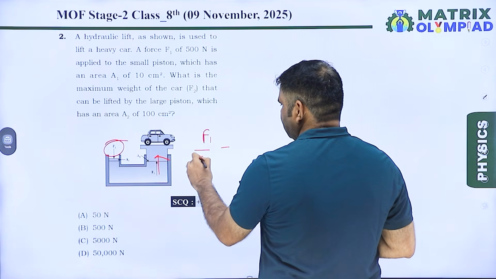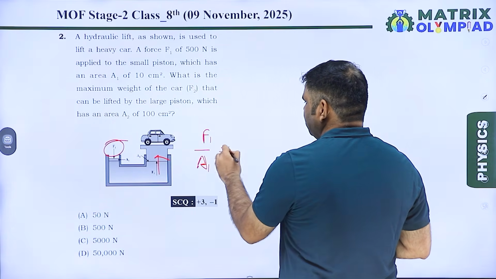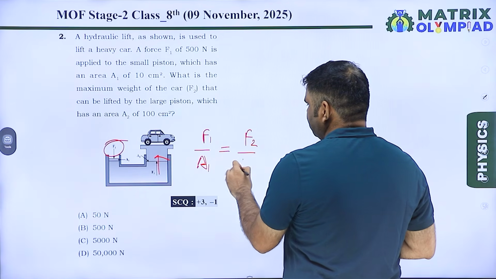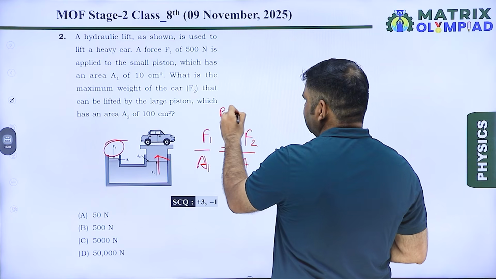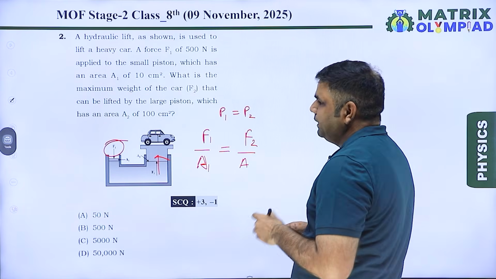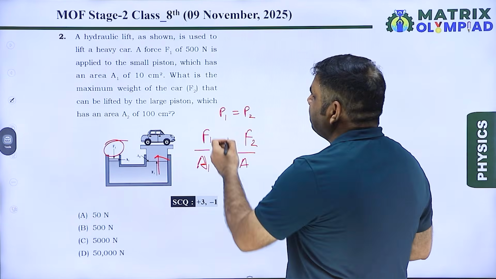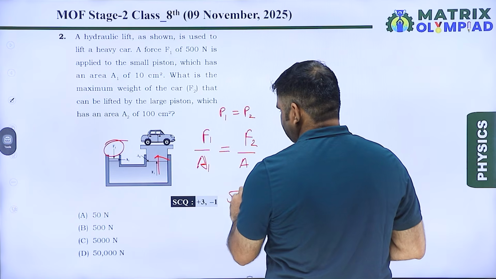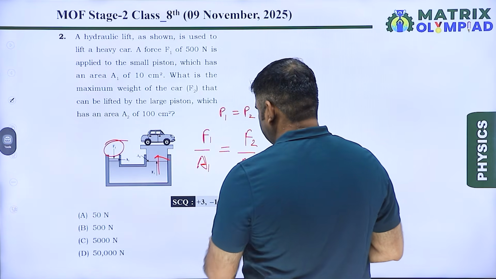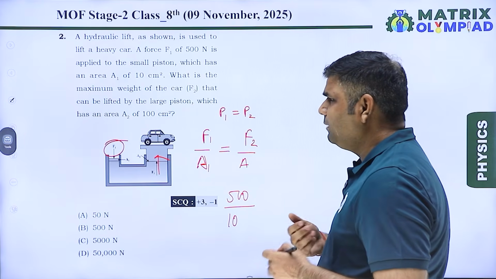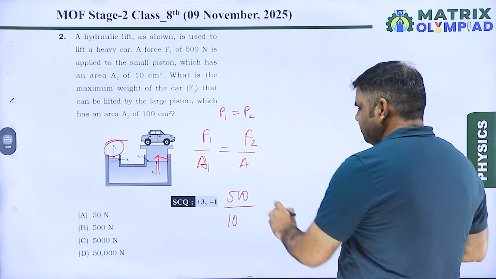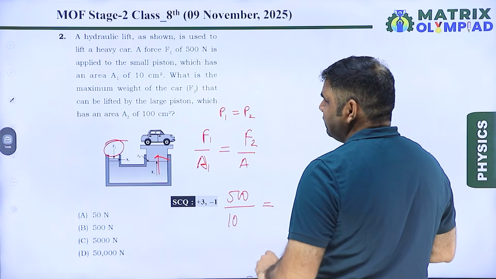F1/A1 is equal to F2/A2 because the pressure is equal at any point. So F1 is 500 Newton, A1 is 10 centimeter square. There is no need to convert centimeter into meter because the unit will be cancelled out easily.